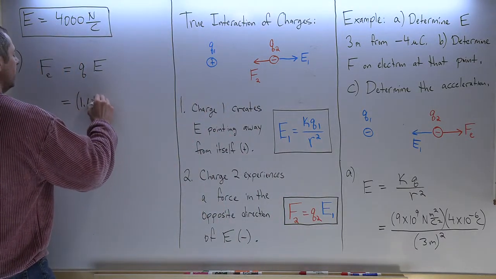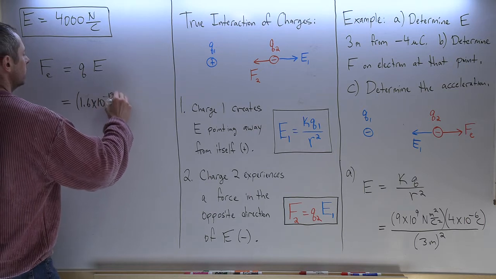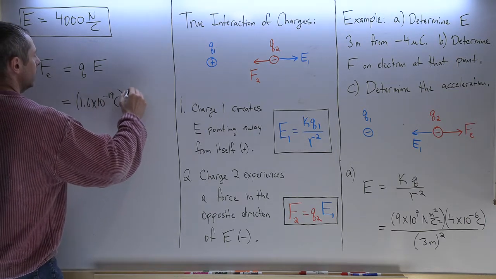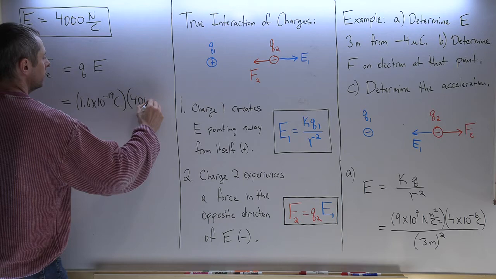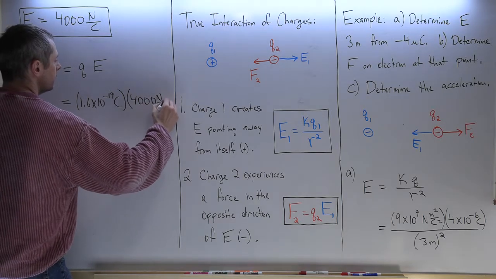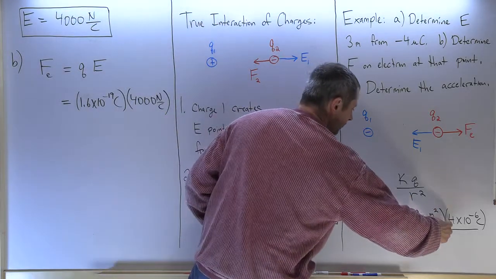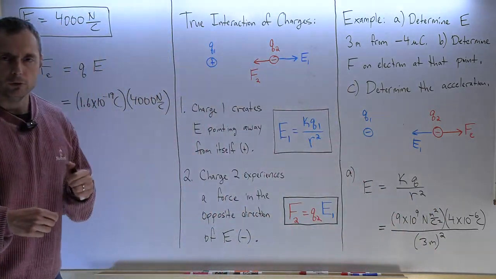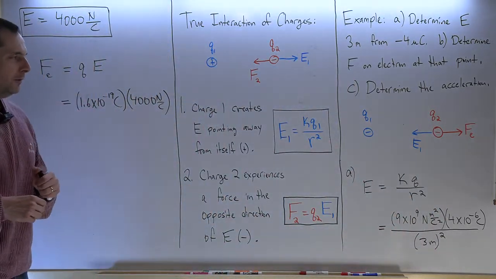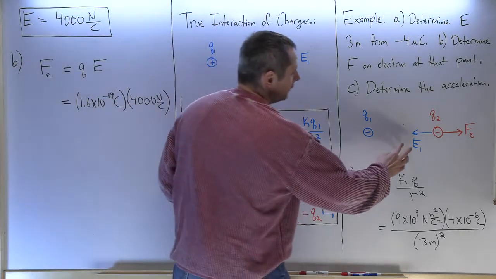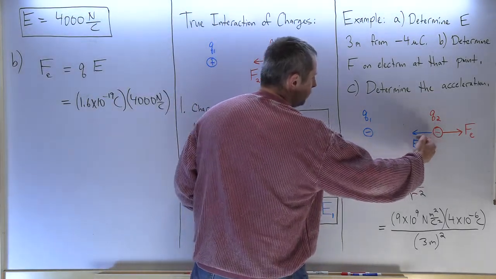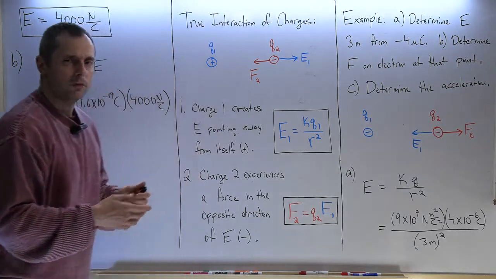1.6 times 10 to the minus 19th coulombs, and the electric field is 4,000. I forgot to mention, I did not plug in the minus here, same as when we were doing Coulomb's law. You don't plug in the minus because the minus is just used to tell you whether the electric field points left or right, towards or away from the minus.